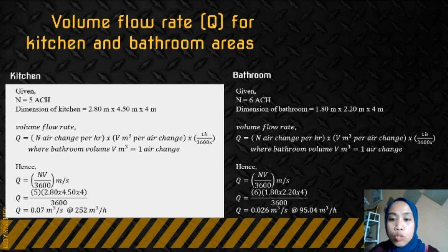The volume flow rate is obtained by multiplying the air change rate by the volume of the area, so the volume flow rate for the kitchen is 252 meter cube per hour, and for the bathroom is 95.04 meter cube per hour.